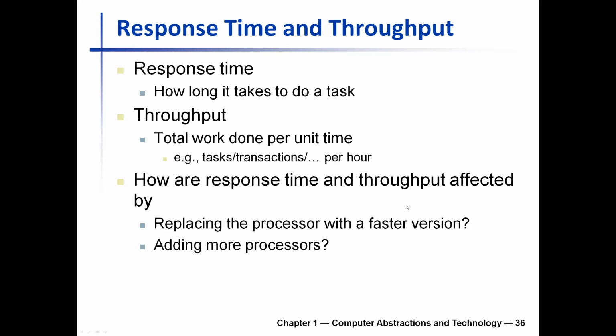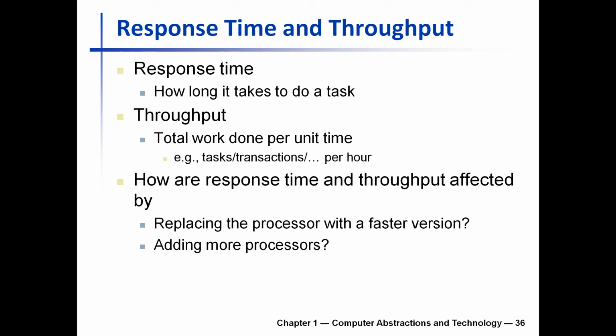With the faster version of the processor, the time it takes to complete a task, whatever the task may be, would likely reduce, right? That is the whole idea of using a faster clock. So we can expect if we use a faster processor, faster clock rate, then the response time should reduce.